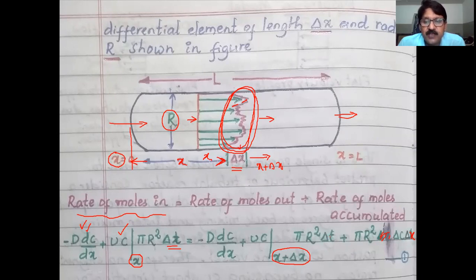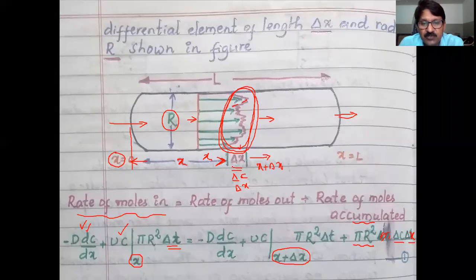What is the accumulation? Accumulation is only along the area, so this is the surface pi r square. The concentration delta c is associated with delta x. There is no time here because accumulation is a known magnitude, so pi r square delta c delta x. Delta t is the time taken for the material to enter, from here to here.